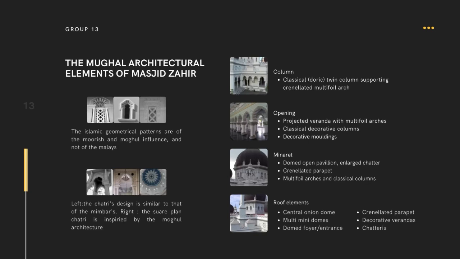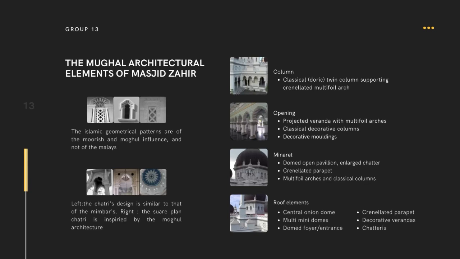Beside them are other elements from Masjid Zahir. First, the column. Classical Doric twin column supporting crenellated multifoil arch. Second, the opening. Projected veranda with multifoil arches, classical decorative columns, and decorative moldings.